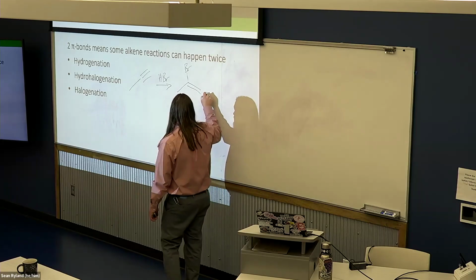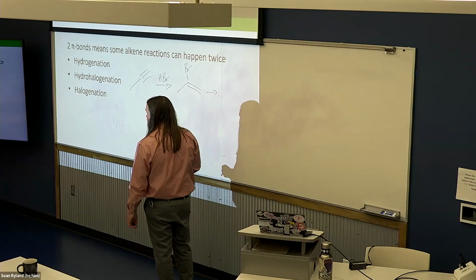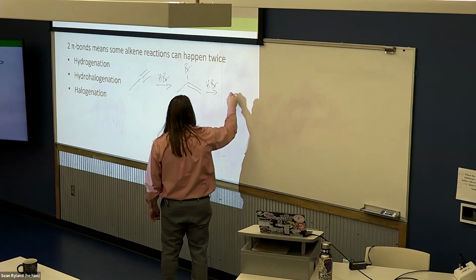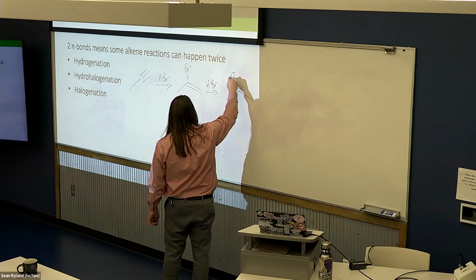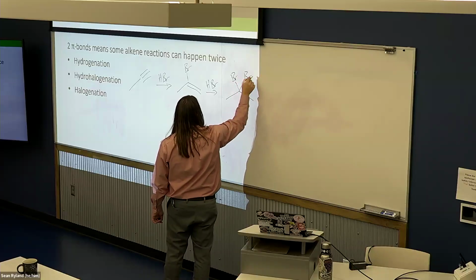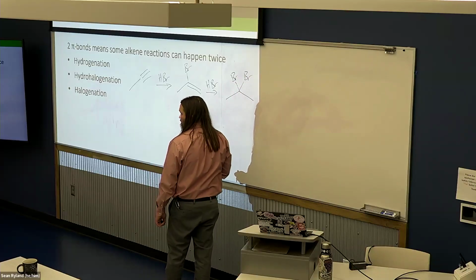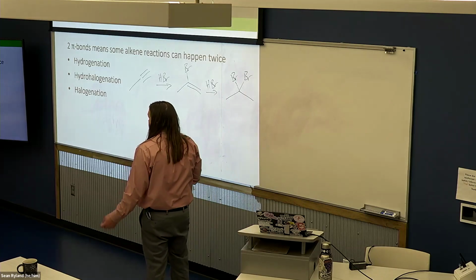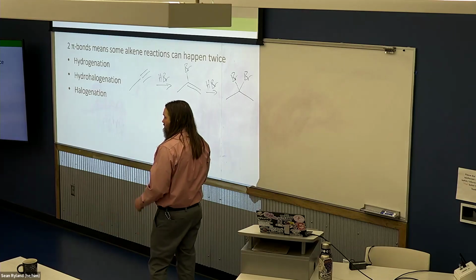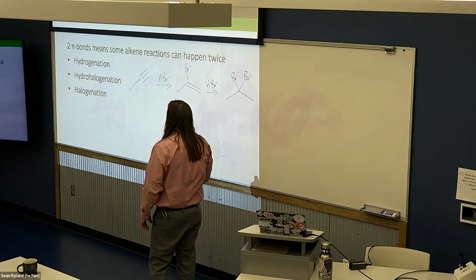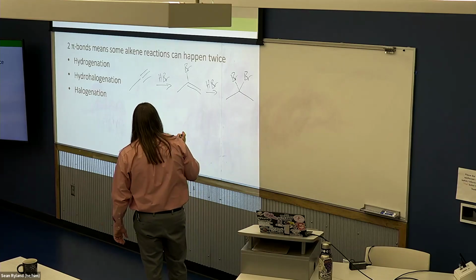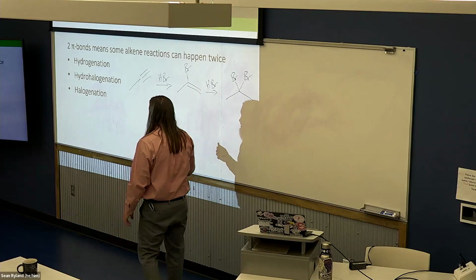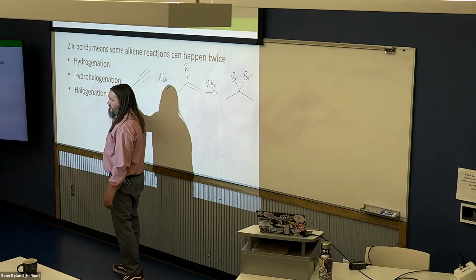So we could then do it again. And the mechanism works the same way. So there's not a whole separate section on these ones because they do everything the same as before.